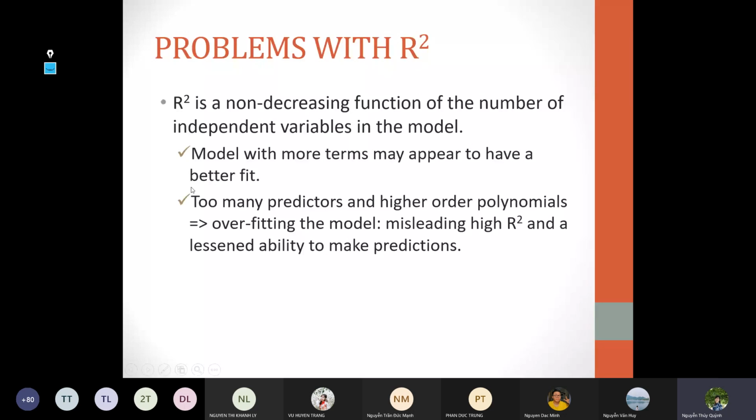And too many predictors and higher order polynomials will lead to overfitting the model, a misleadingly high R-square, and a lessened ability to make predictions. I guess that it will be a little bit difficult to understand here.